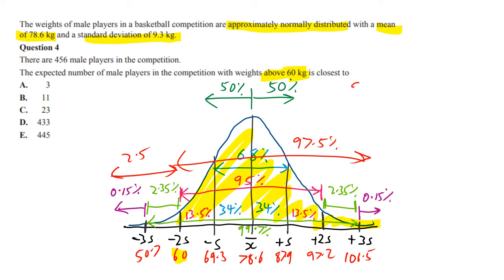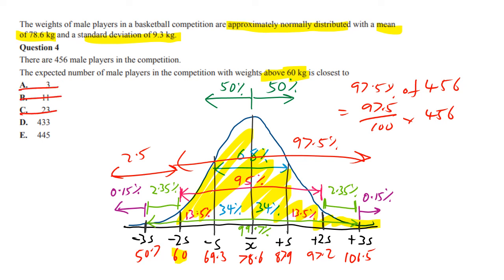So we want 97.5% of 456. Now you can get a bit of a feel for where the answer is going to be on this. This is the majority of 456. So it's not 3, it's not 11, it's not 23, is it? It's either going to be 433 or 445. Now if you actually hit your calculator, you get 444.6. That rounds off to pretty much 445. So that's your answer.